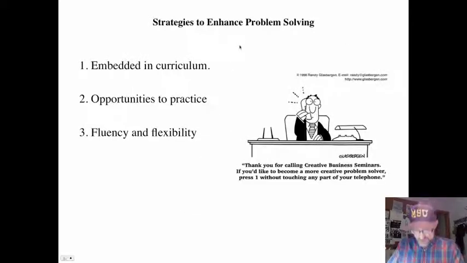Some strategies to enhance problem solving. They should be, as I've said before, embedded in all areas of the curriculum. As well, students need opportunities to practice their problem-solving skills. MEA and CPS provide wonderful opportunities because they're very simple.